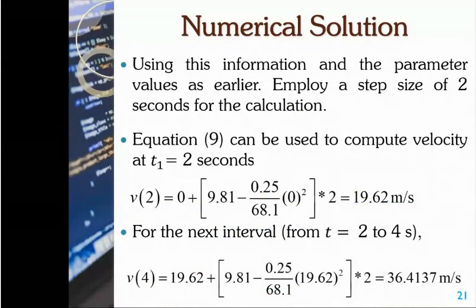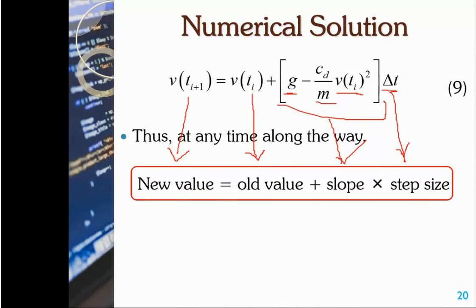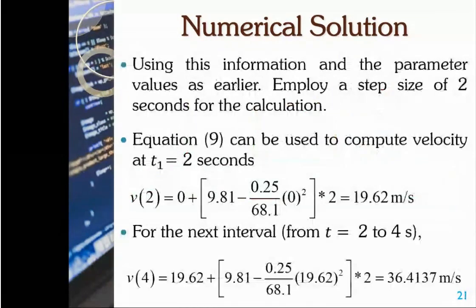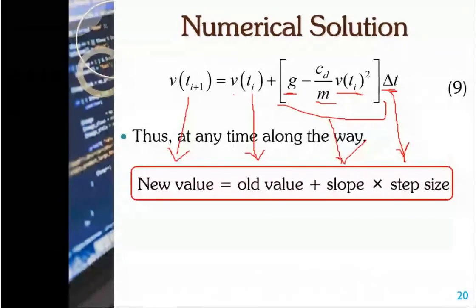So for us to get our velocity at time equal to 2 seconds, and remember that we are dealing with time intervals of 2 seconds each, it means that our change in t, which we have here, will be equal to 2 seconds, okay, or it will be equal to 2. So for us to estimate our velocity at time 2 seconds, that is for the first 2 seconds, this will be equal to a certain old value of velocity, which we have in here, okay.